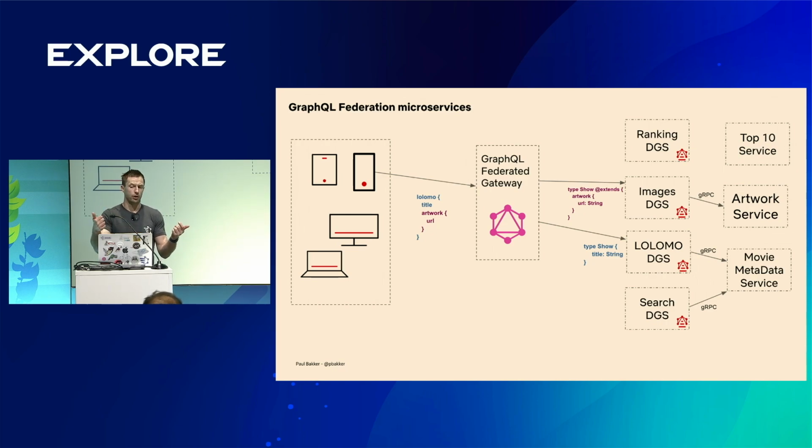So it knows, okay, there's a Lolomo DGS that has a schema. That's it. There's no custom logic required to know how to talk to a Lolomo DGS, because that's all just following the GraphQL standard. This makes it extremely flexible for us to have data owned by different teams, by different microservices, while from a consumer perspective, it's all in one really nice to use and flexible schema.